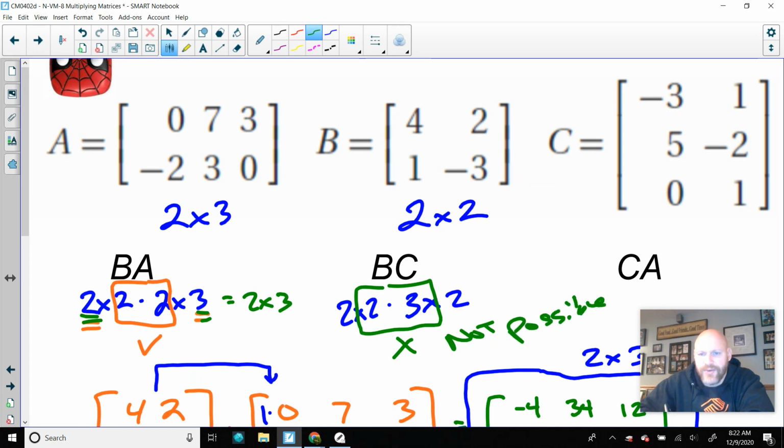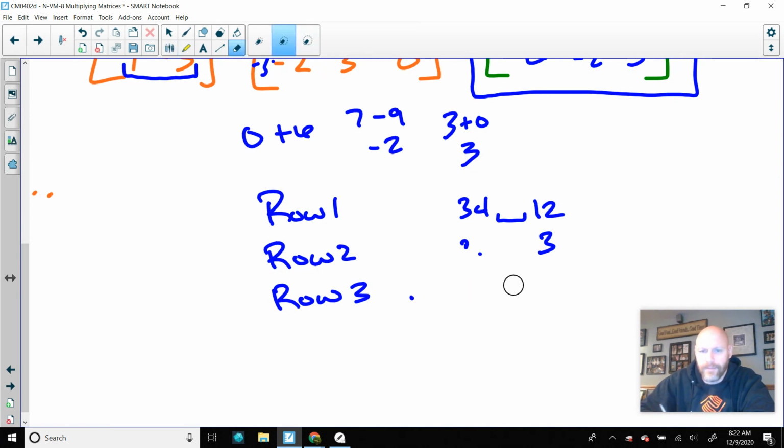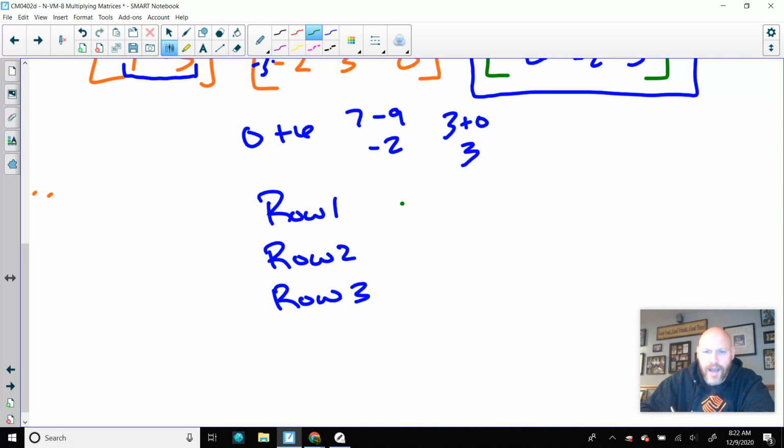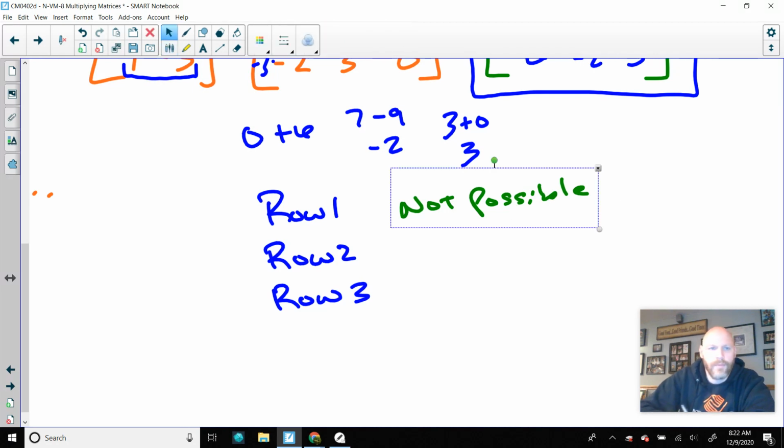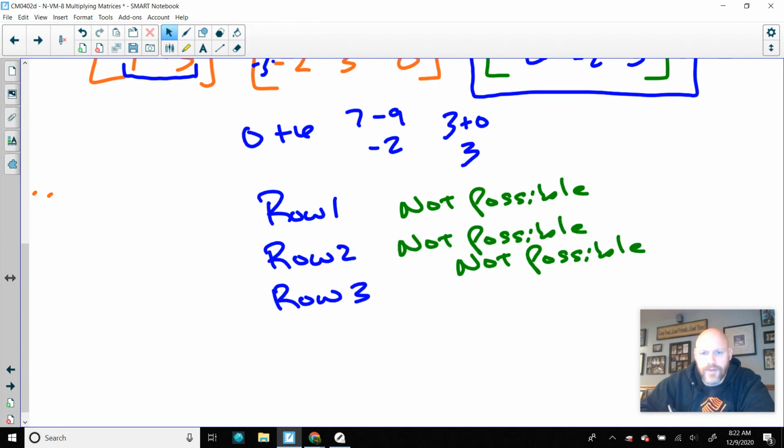So if I asked you on the quiz or on the quick poll to do a problem that's not possible, like B times C, you can't do it. When we come down here for row number 1, row number 2, and row number 3, we would say not possible for all 3 rows. Boom, boom. All right. So that's how that works.